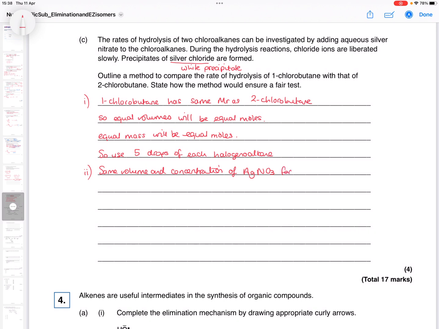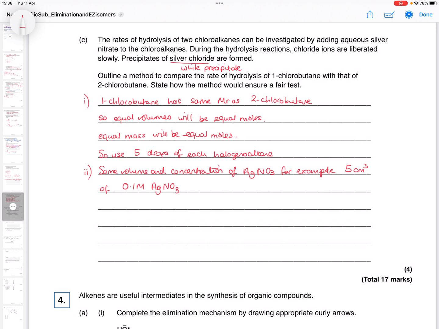So for example, 5 centimetres cubed of 0.1 molar silver nitrate.